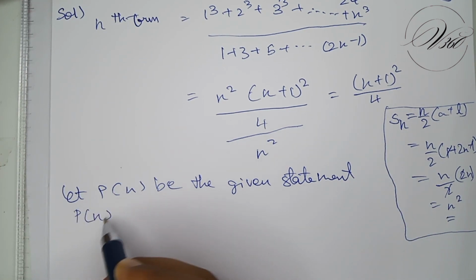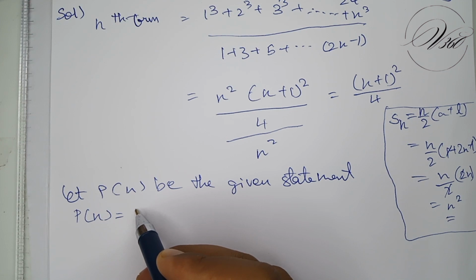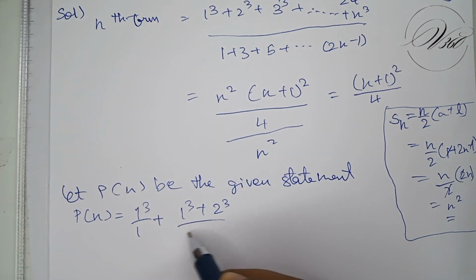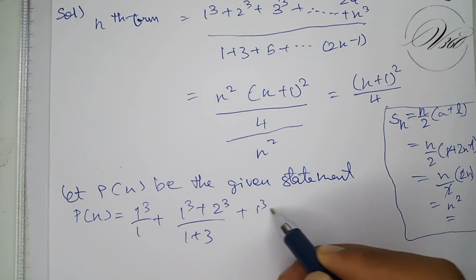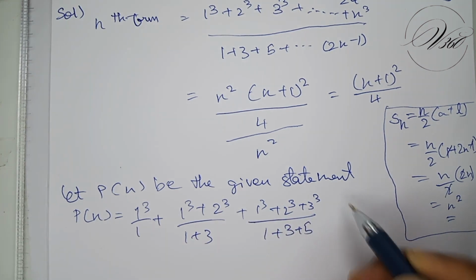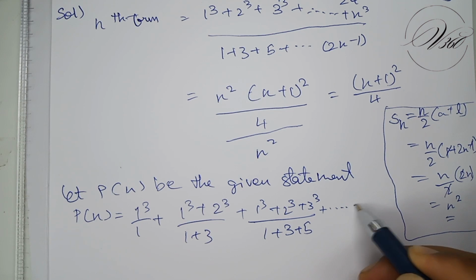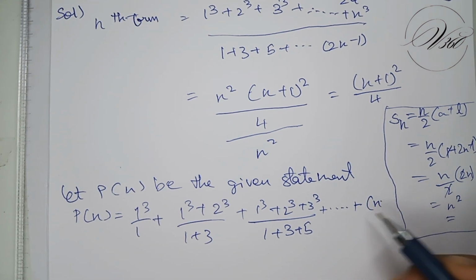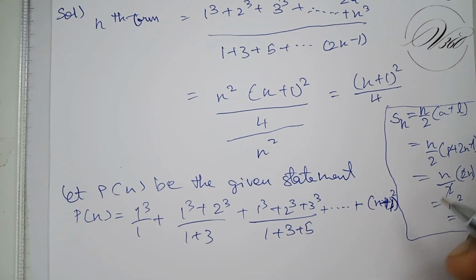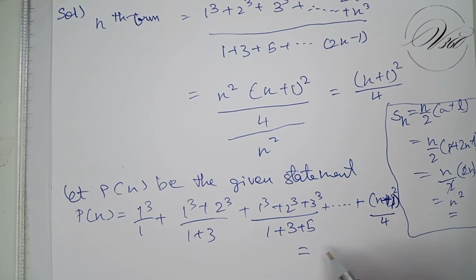Okay, p of n is equals to 1 cube by 1 plus 1 cube plus 2 cube by 1 plus 3 plus 1 cube plus 2 cube plus 3 cube by 1 plus 3 plus 5 plus up to n plus 1 whole square by 4, which is equals to n by 24 of 2n square plus 9n plus 13.